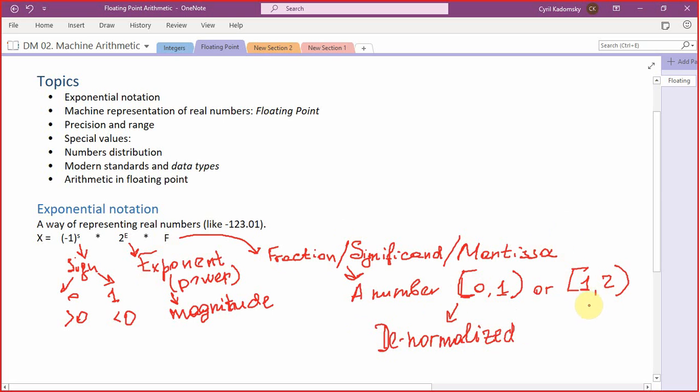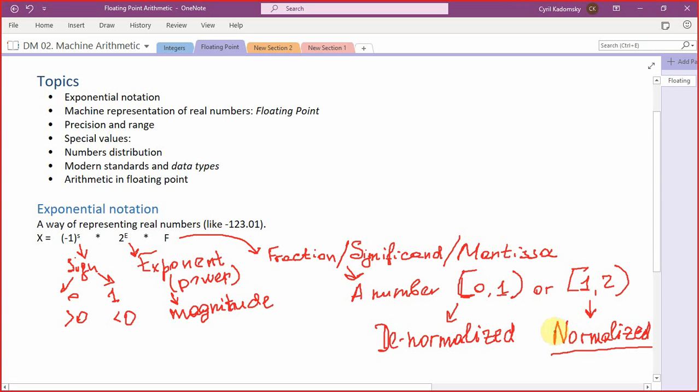And in this case, if the fraction is in the range from 1 to 2, the number is called normalized. And this second case is the default. It is the most used.